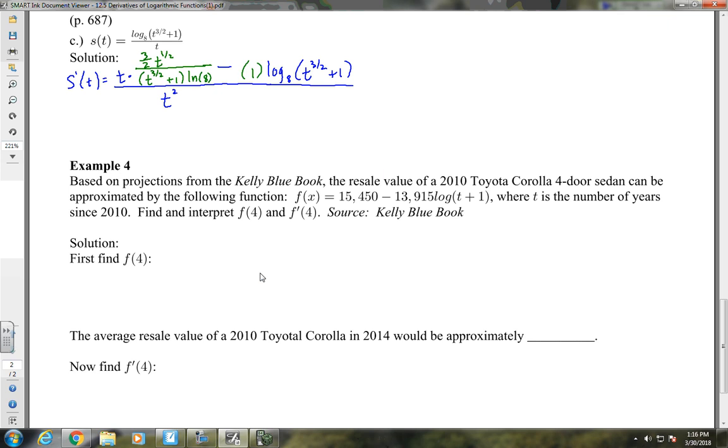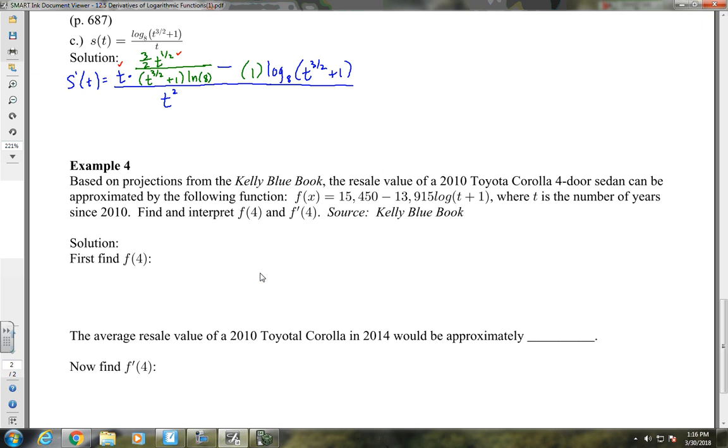Next, we need to simplify algebraically. So let's observe in the first term on the left side of my numerator, I've got t times t to the 1/2.